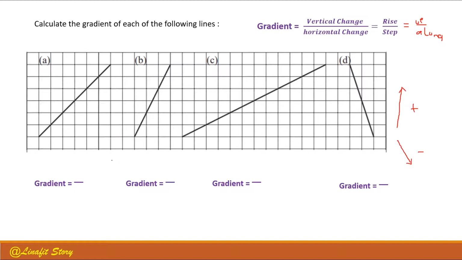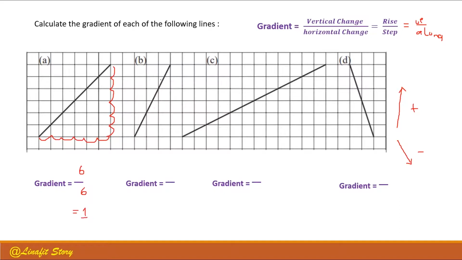So in question A, how far up? The line slopes upward. So 1, 2, 3, 4, 5, 6 out of 1, 2, 3, 4, 5, 6. 6 out of 6. So the gradient is 1.